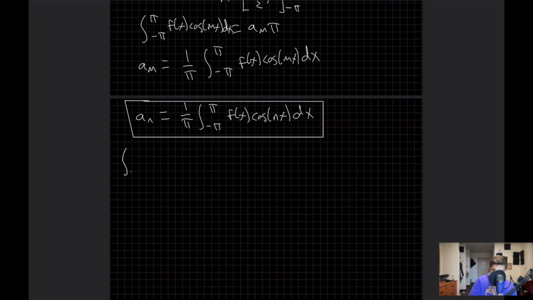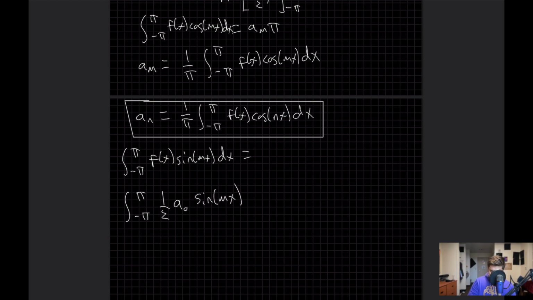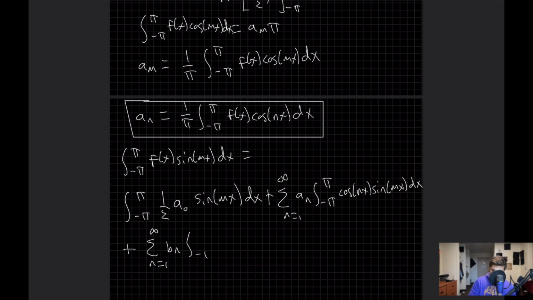So on both sides, we have the integral of negative pi to pi of f of x sine of mx dx is equal to the integral of negative pi to pi of 1/2 a naught times sine of mx dx plus the infinite sum from n equals 1 to infinity of a sub n times the integral of negative pi to pi of cosine of nx times sine of mx dx plus the infinite sum from n equals 1 to infinity of b sub n times the integral of negative pi to pi of sine of nx times sine of mx dx.